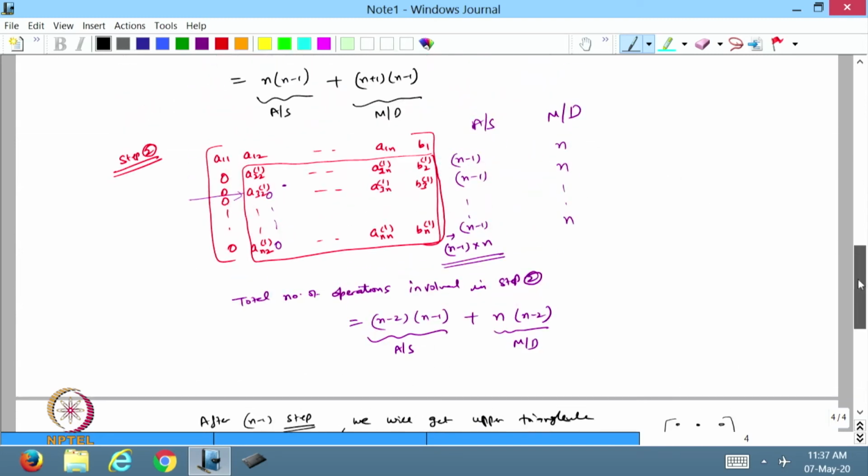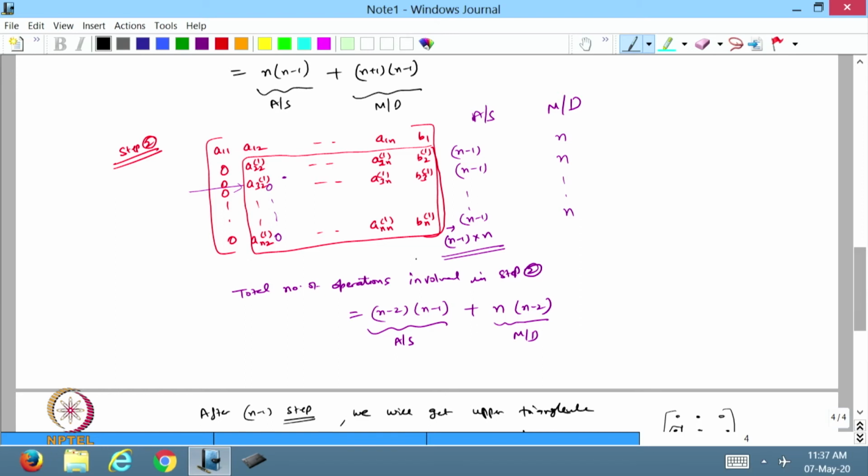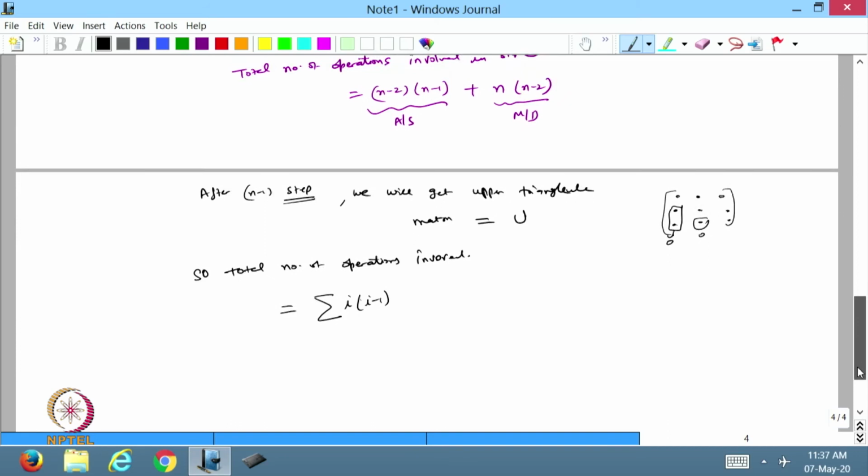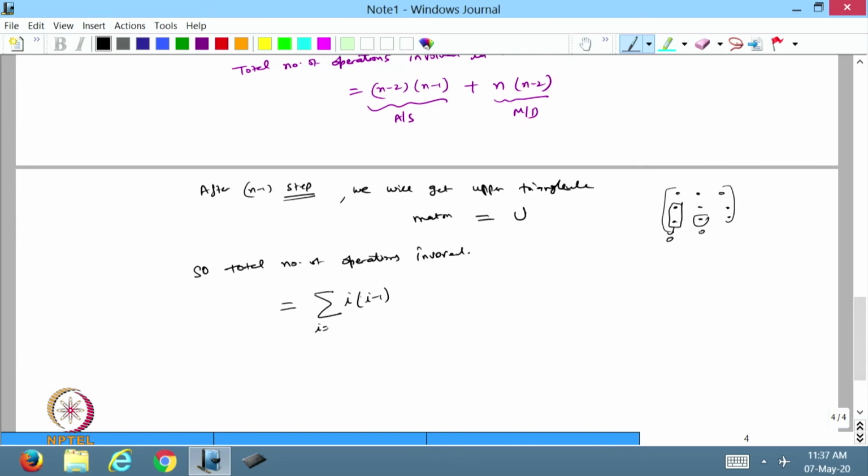So, you can see from here, this is n minus 1 into n minus 2. So, this I can write as i, and i is moving from 2 to n, right. So, this is the number of additions or subtractions, because in the last you will get only this element left.